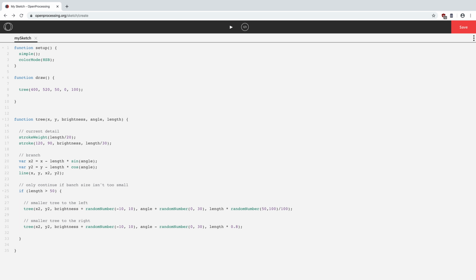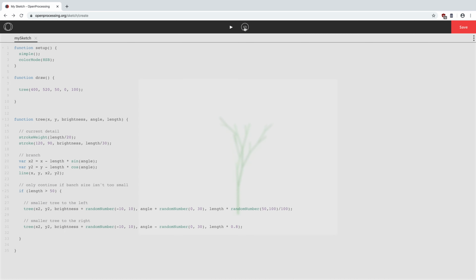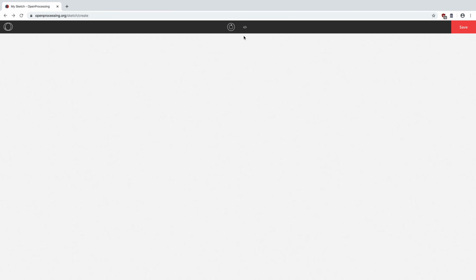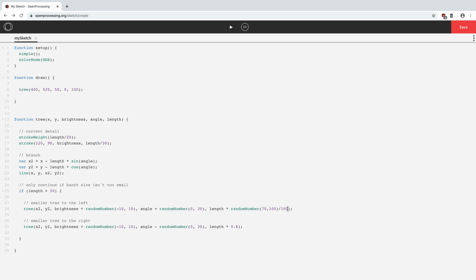So this will go from half to 1. They get small too quickly. Let's say 70. Yeah, that experiment didn't work quite so well. So we'll stick to reducing it by 0.8. You can probably refine it and make it work nicely, but I just wanted to show you some of the things you can do.